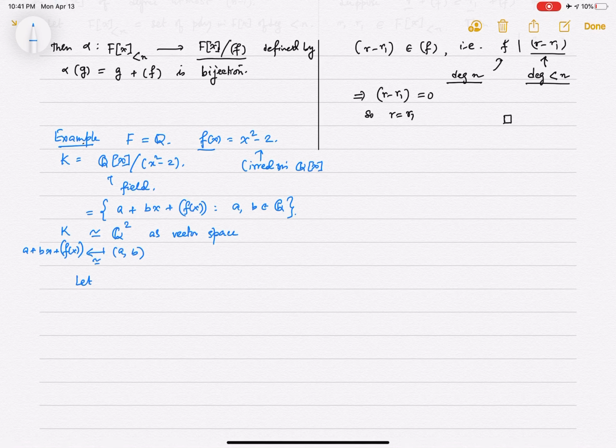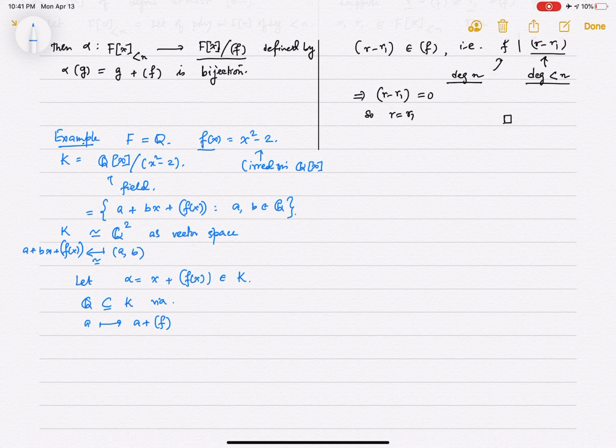Let alpha be the image of x in this K. So this is an element of K. And further, we already saw that Q can be identified in K via taking a rational number to the corresponding coset.